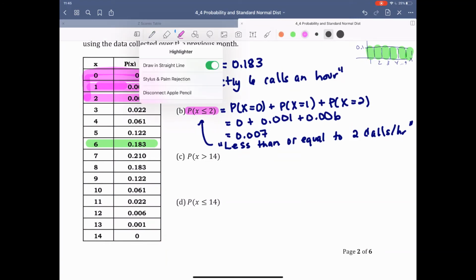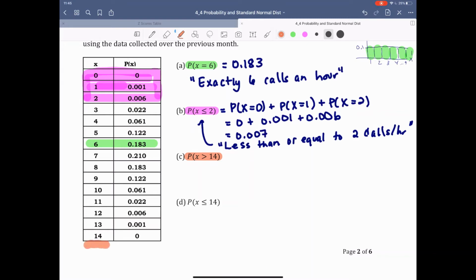In the next example, we're asked for the probability that x is greater than 14. So that's not equal to 14, but greater than. And that's everything that's outside of the range here. There's no probabilities given, and so this would be 0. They never receive more than 14 calls.